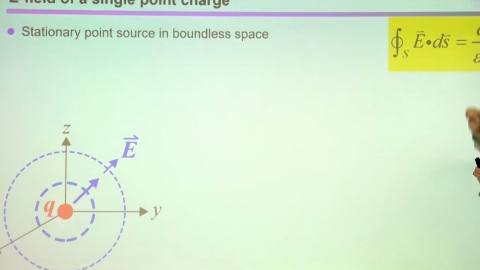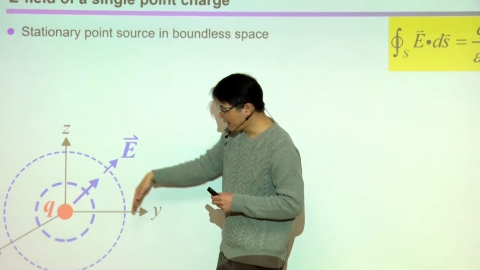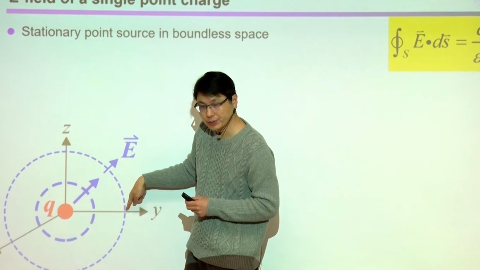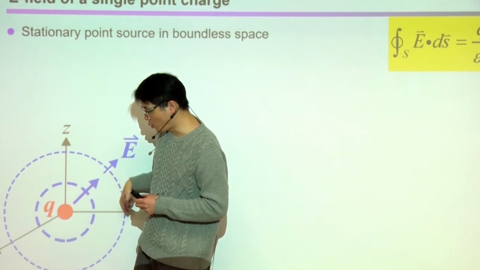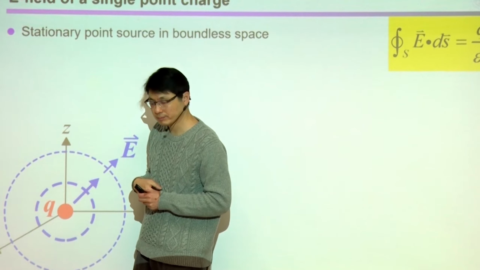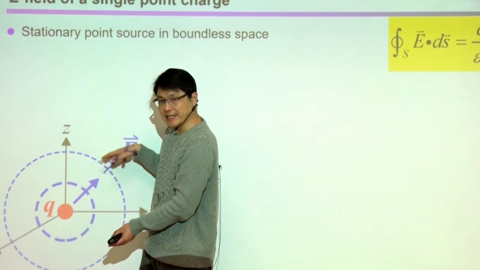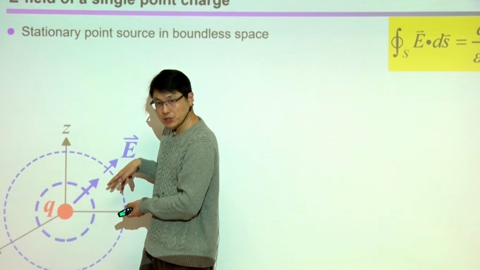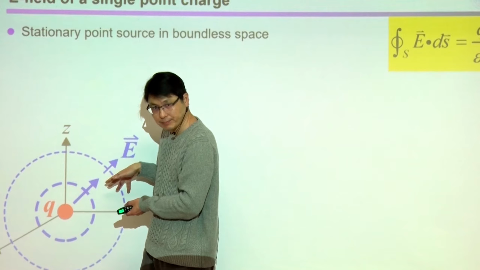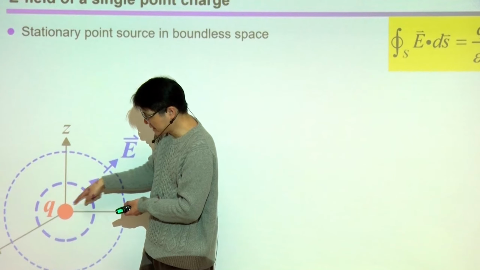This is telling you, if I am standing here, some distance away from the charge, I know the charge is giving a spherical field distribution, and I know my distance.